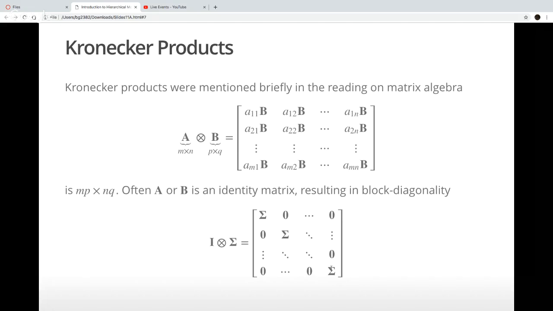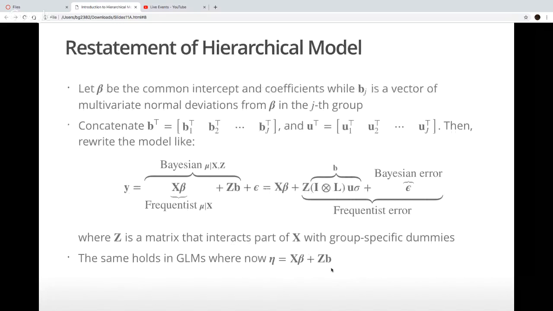And you'll see these things used in a lot of different situations, including hierarchical models, which we're going to try to restate in a general form now. So if we have some vector of coefficients, let's say at the country level, beta, but just to be neutral about these, I'll call them common coefficients. That is, they pertain to all of the units in the data set.